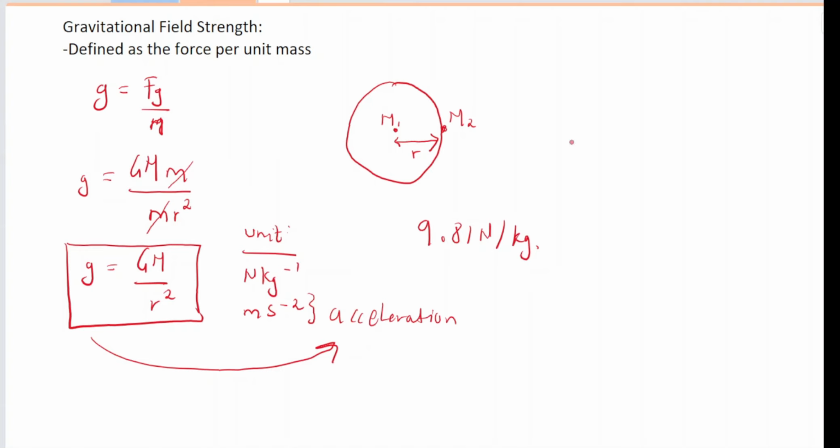Now, you might ask, let's say this is the surface of the Earth, right? So I'm zooming in on this area exactly. If I just zoom in on this area, let's say this is the Earth, this is the surface, and maybe you have a big building and you have a ball falling from that building. This is the surface of the Earth, so this is where this line is over here.